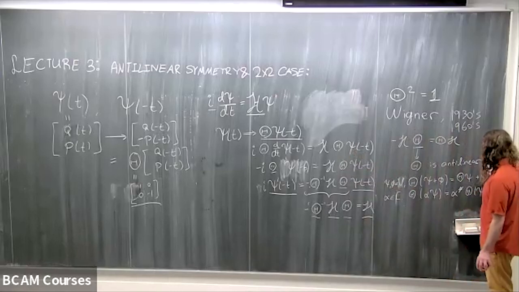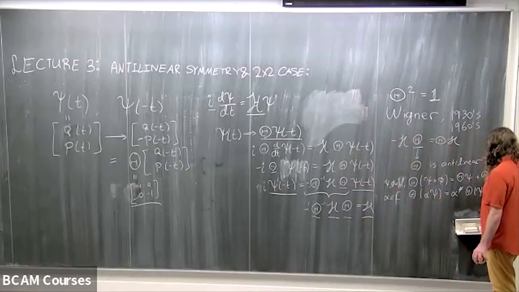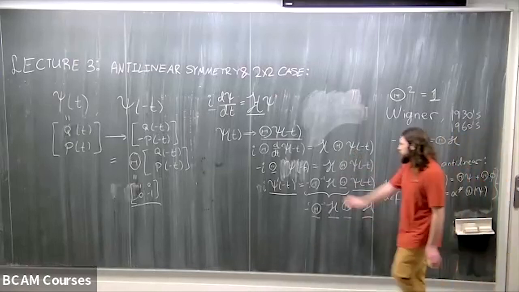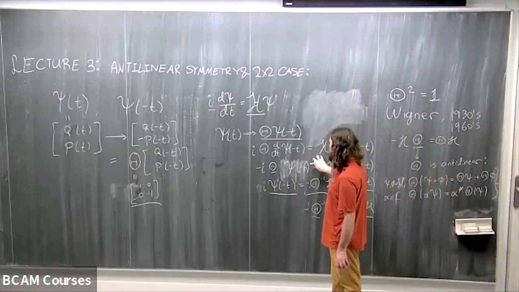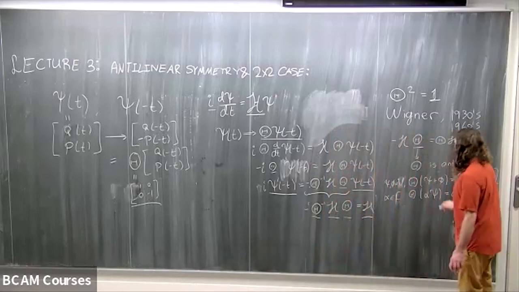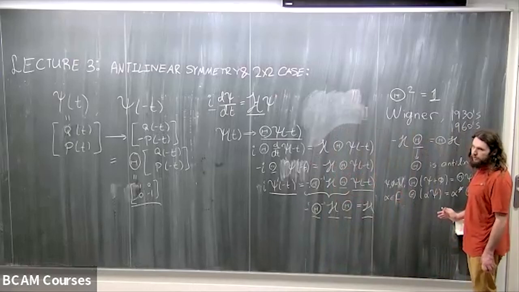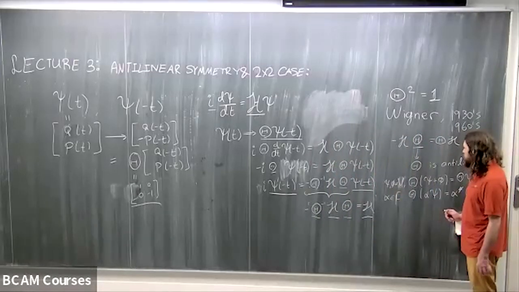Okay, so an antilinear map is one satisfying these properties. And what he found is that if you go back here and instead assume that theta is antilinear, then you can implement time reversal symmetry without having to impose restrictive constraints on the spectrum of your Hamiltonian.